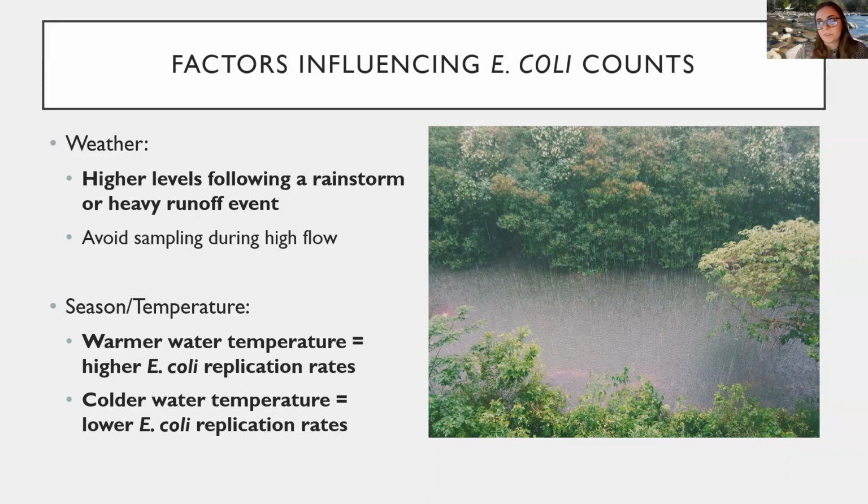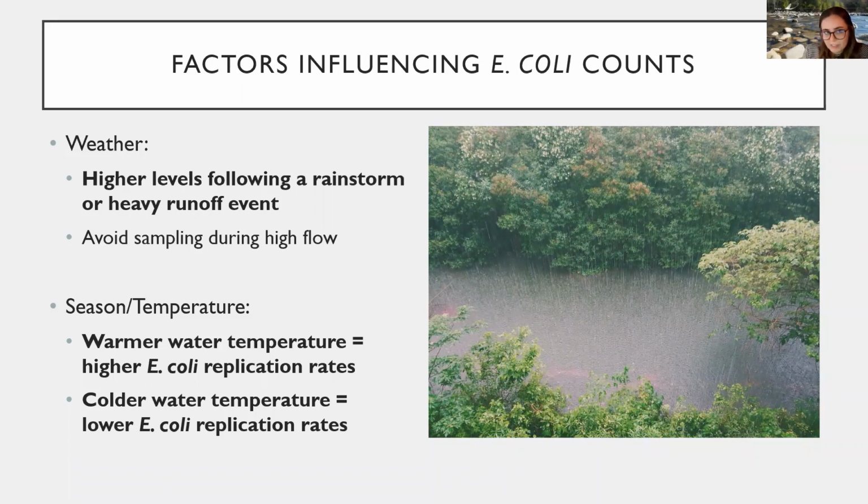That runoff and that rainstorm is going to carry different types of pollutants, specifically fecal matter, and E. coli will then be present in the stream after those events. So we always like to say avoid sampling during a high flow or after a heavy rain, because the flow can be dangerous, but also because you're pretty much guaranteed to find contamination after that, no matter where you are.